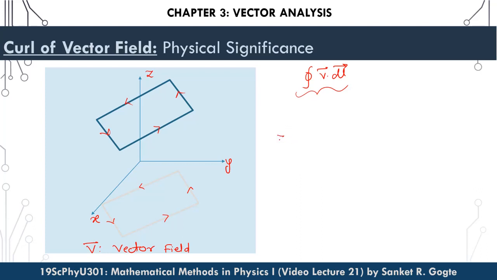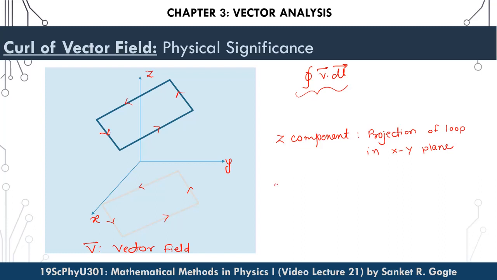Therefore, the z component is obtained when we consider projection of the loop in the xy plane.